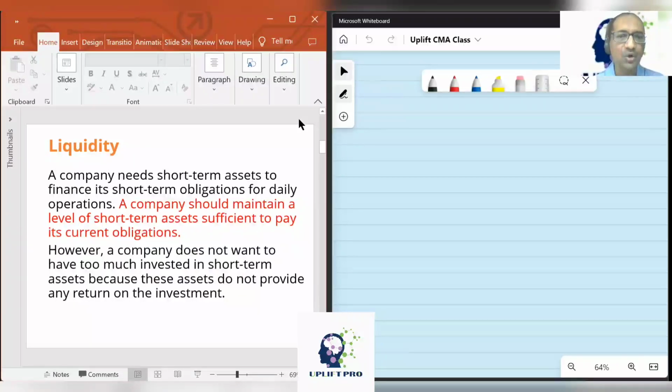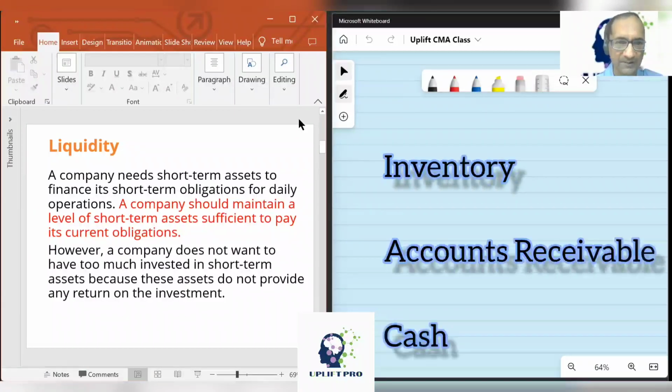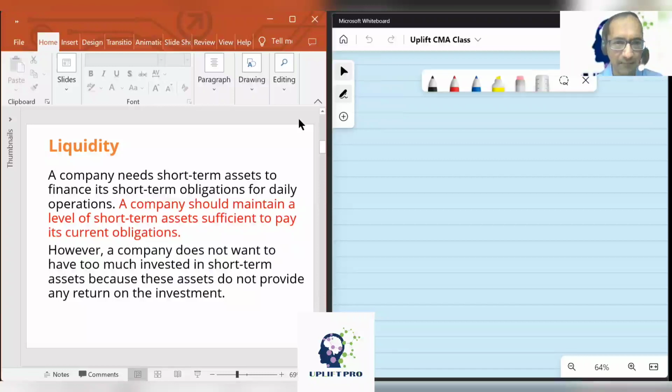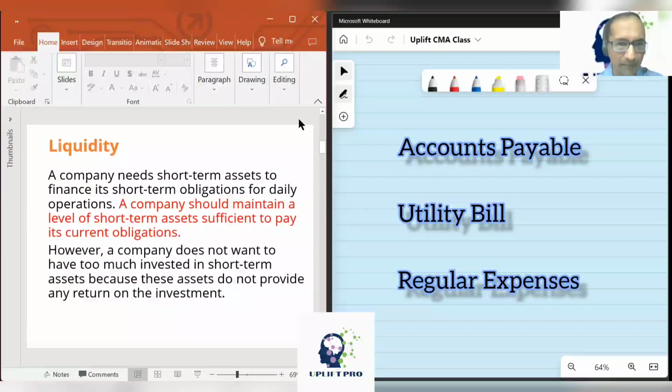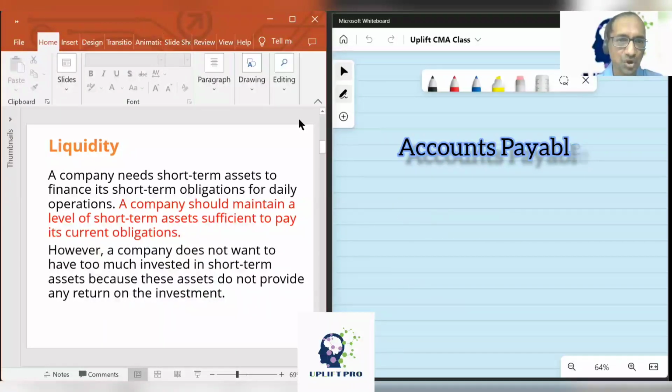It means that to run your everyday business, you need assets like inventory, accounts receivable, and cash, which you use to pay your short-term obligations. What type of obligations? Examples are your accounts payable, your utility bills, and your regular expenses. All of these are short-term obligations for daily operations.